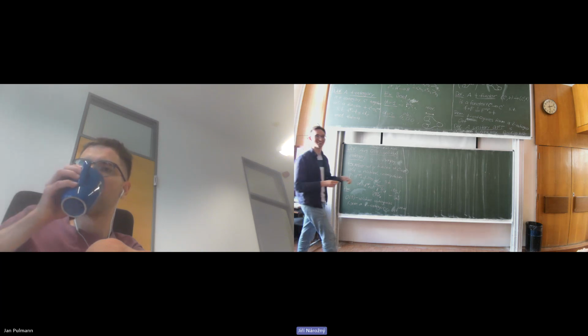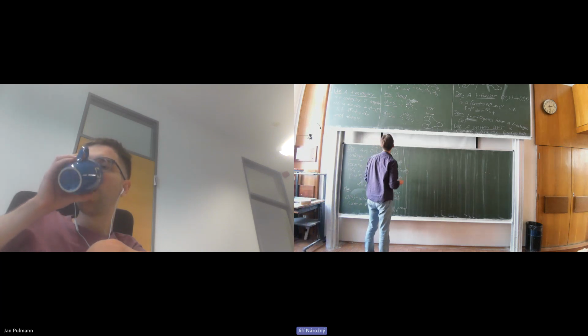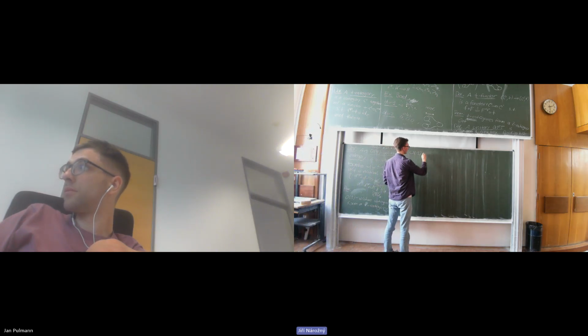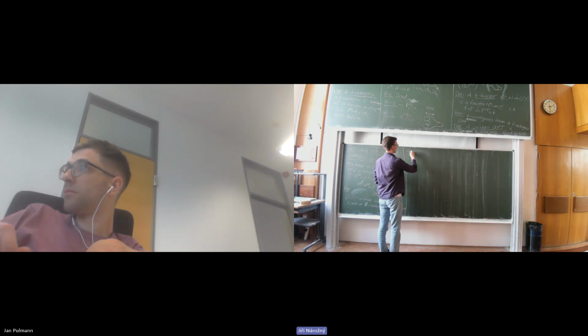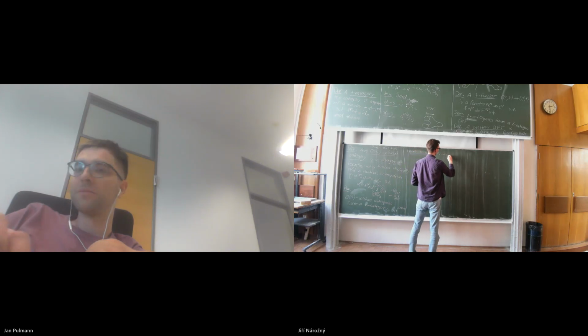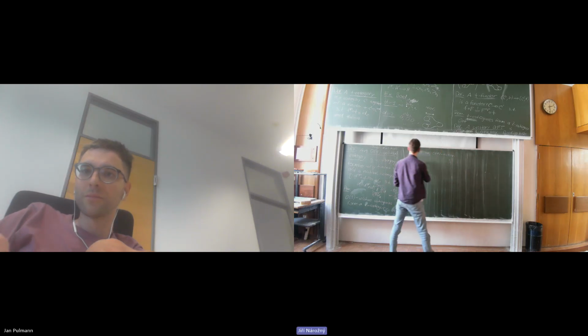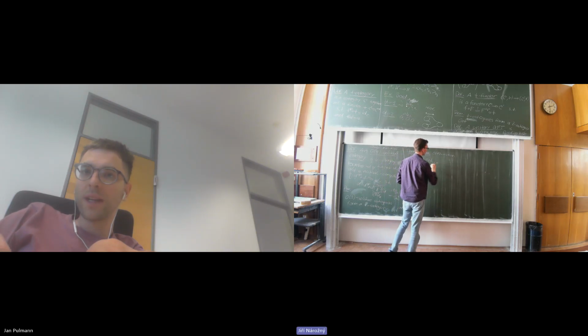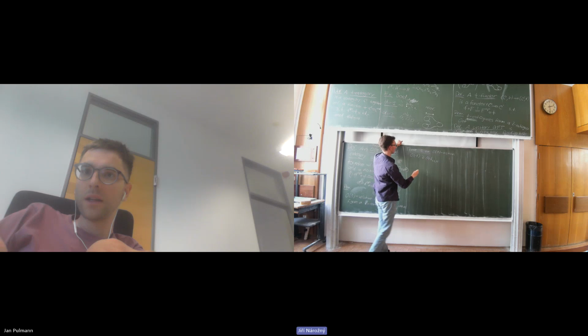Actually, now is as good a time. So the statement is, and I hope I get the categorical level right, there is an O1 action on the 2-1 category of categories.